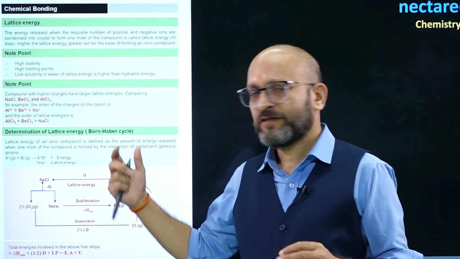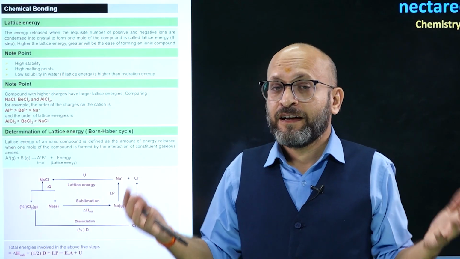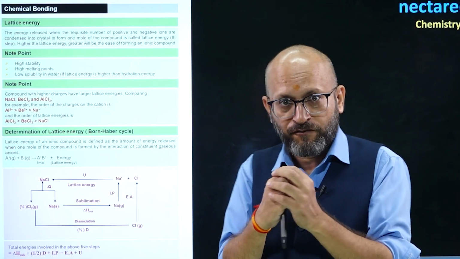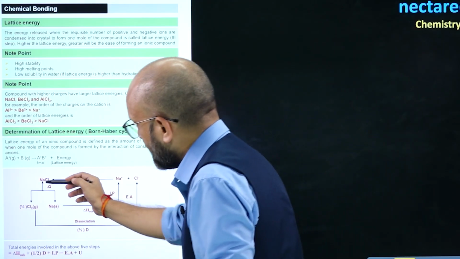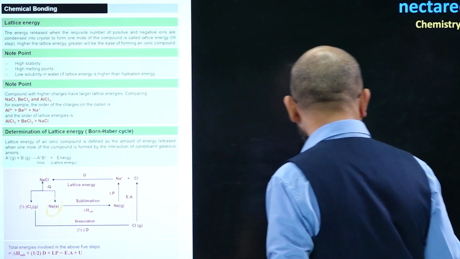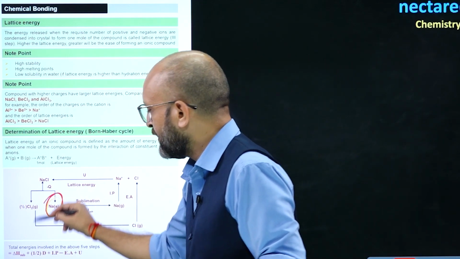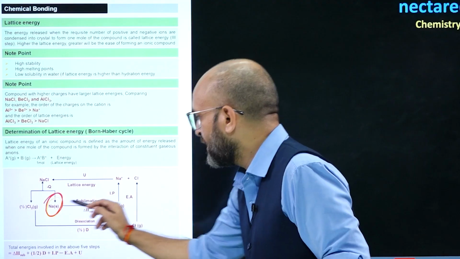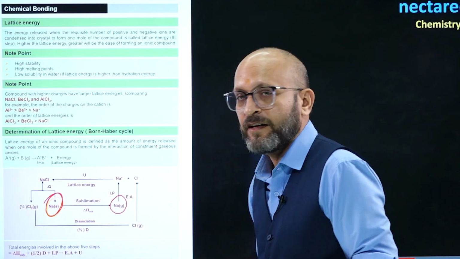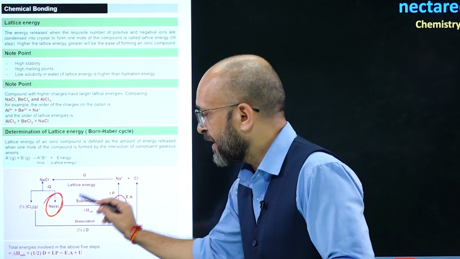If NaCl has to form, first what will happen? In nature you will have Na in solid form. From solid Na it goes to gaseous Na. This process is sublimation. It requires energy, so this is an endothermic process.